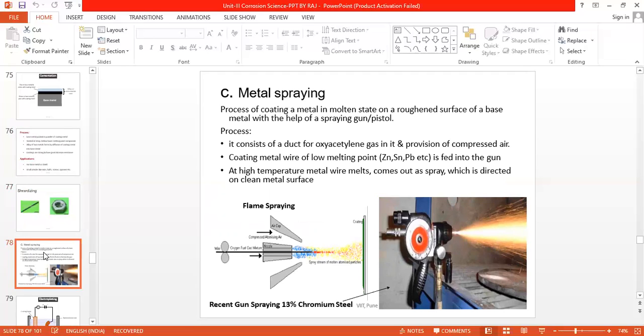Coating metal wire of low melting point, such as zinc, tin, etc., is fed into the gun. At high temperature, the metal wire melts and comes out as a spray, which is directed onto a clean metal surface.